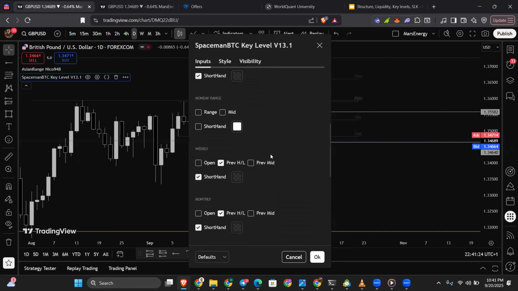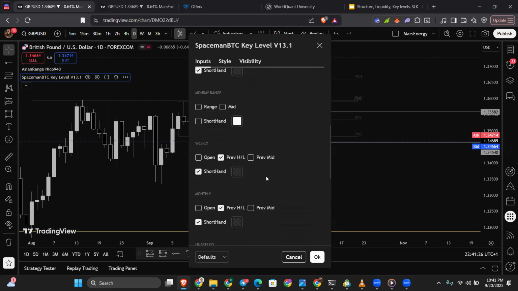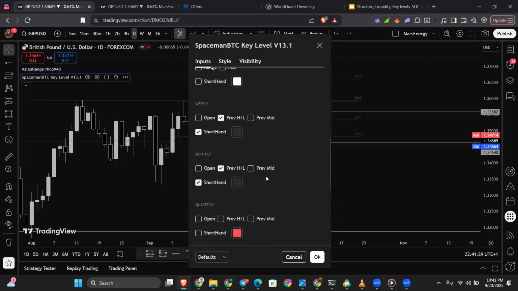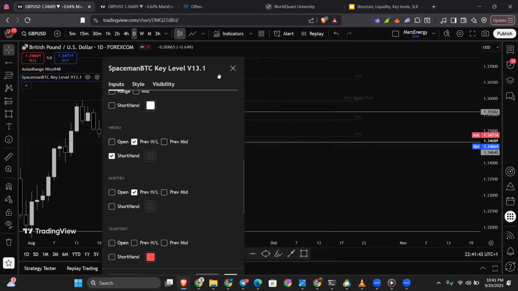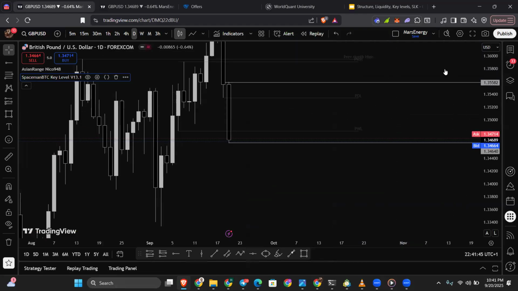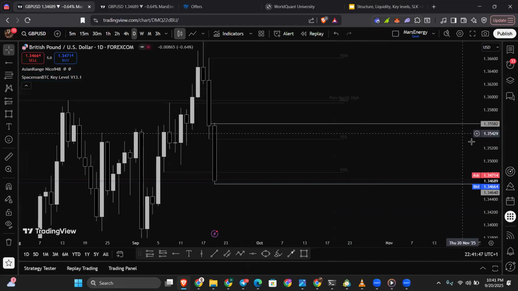So I remove, for instance, let's say I'm using the shorthand. If I remove it for the previous month, now I'm using the shorthand for all of them, right? Now let's say I remove the shorthand for the previous month. If you look at the chart, you're going to see that it writes it clearly, previous month high, right?